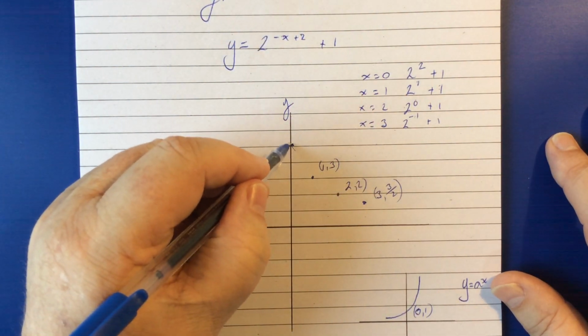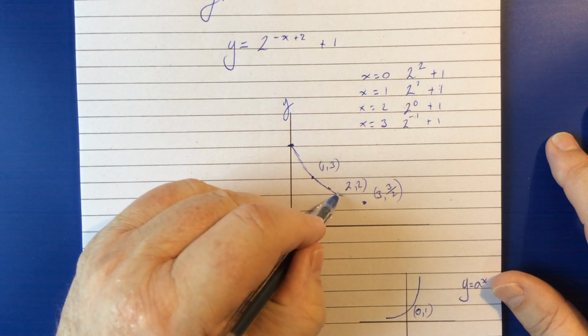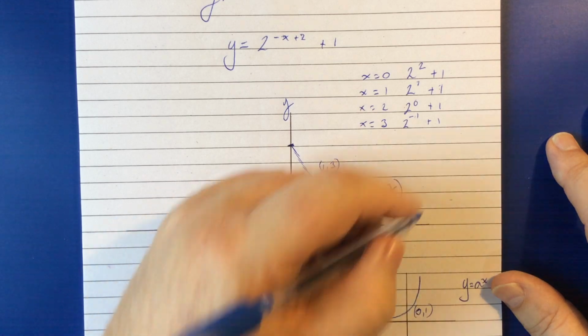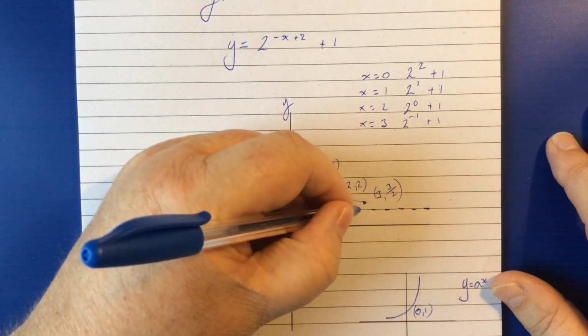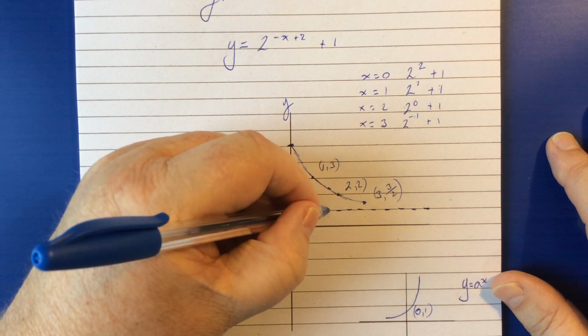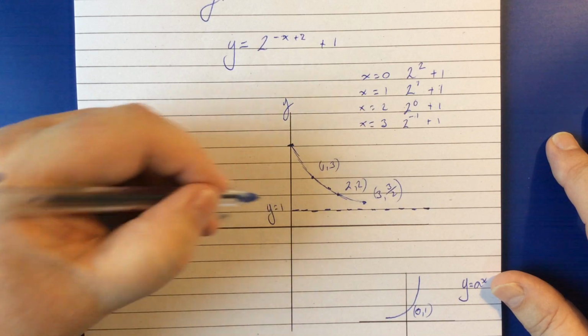And what you can see is that we're starting to get a turn in this direction, and we are approaching the asymptote as predicted. So there's our asymptote at y equals 1.